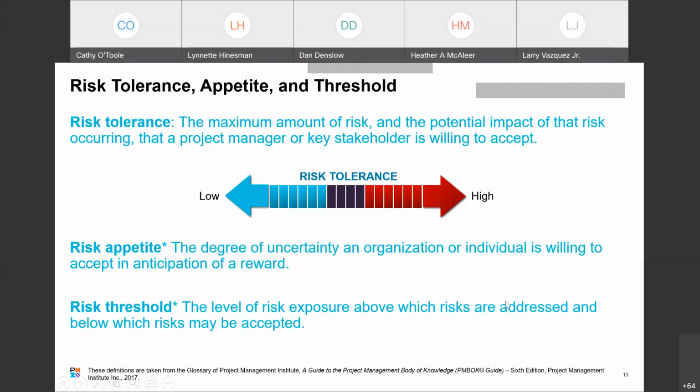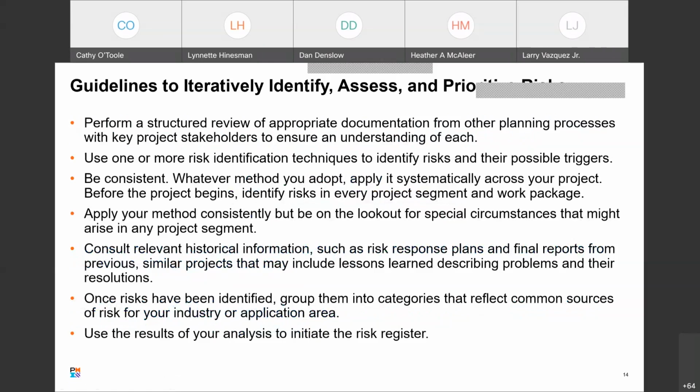Okay, so let's move on. Guidelines for identifying, assessing, and prioritizing risks. The key word here is iteratively. So you want to do this multiple times, honestly, and even if it's just you looking at it over and over again once it's been documented, I would still suggest that you do it.